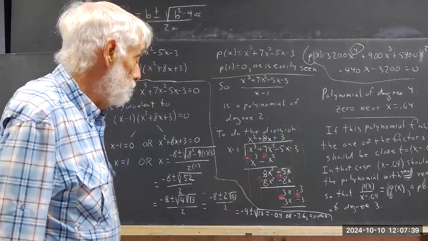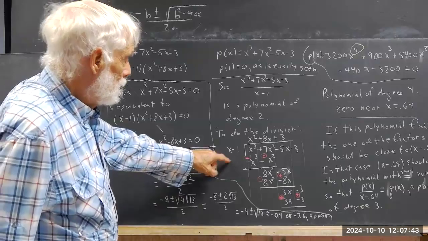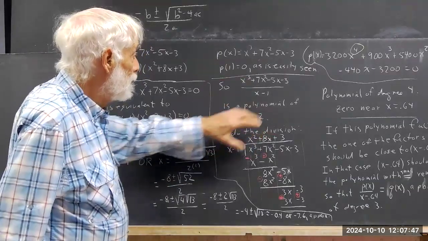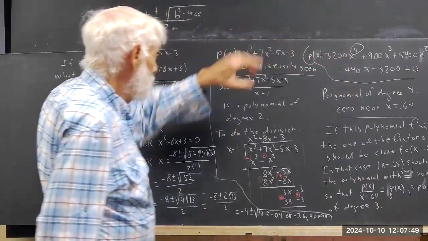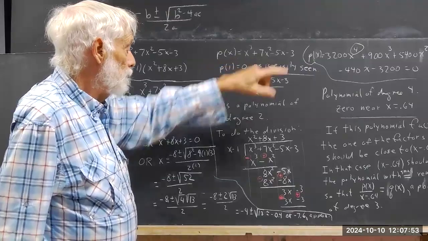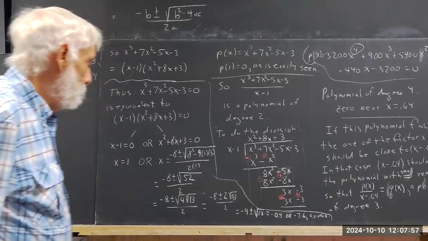We do a long division, and we determine that x minus 1 divides into this, giving x squared plus 8x plus 3. Now this is not that polynomial. This is one I made up so that it would be 0 when x equals 1. So we divide this by x minus 1, and we get this.